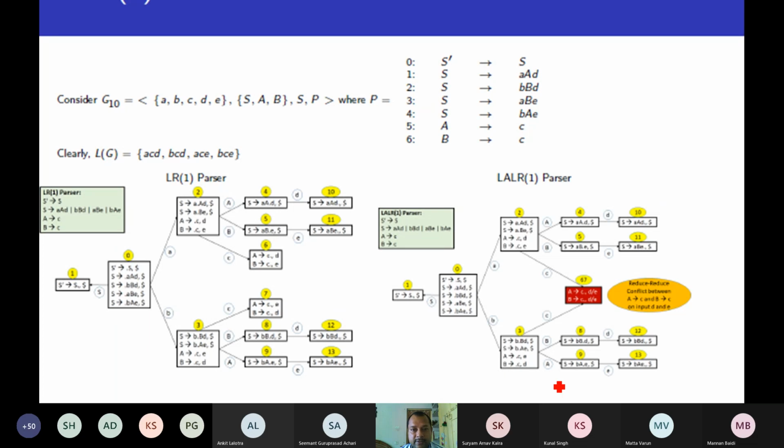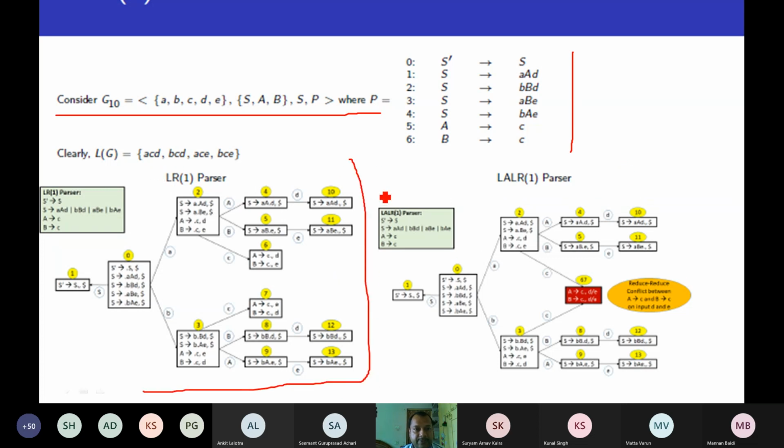So here is an example for the class. For this grammar, say G10, which is given here with a set of production rules, we first computed the LR1 parser, and it is my LR1 parser here. Then I convert that one to an LALR1 parser, and when I am converting, I am merging.